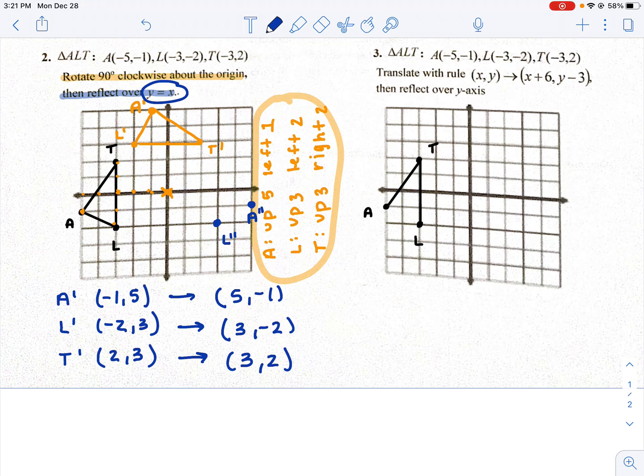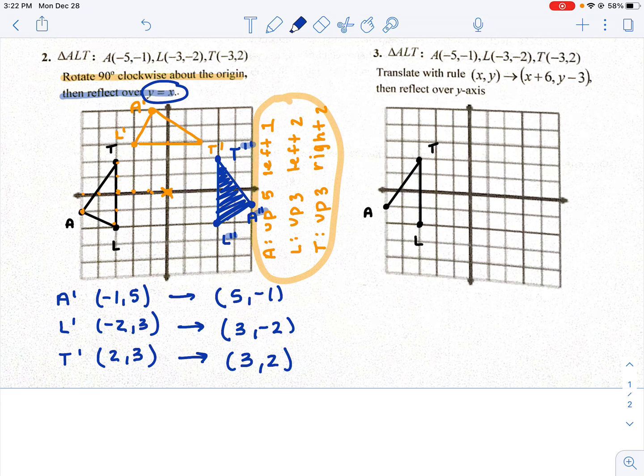And T is at 3, 2. Once you have your dots, we're going to connect them. Really crucial here, I do highly recommend shading in this final one since we are doing so many different transformations, so you want to know which one is your final one. So it's going to be really important that we make sure we do those double primes, knowing that is our second image.